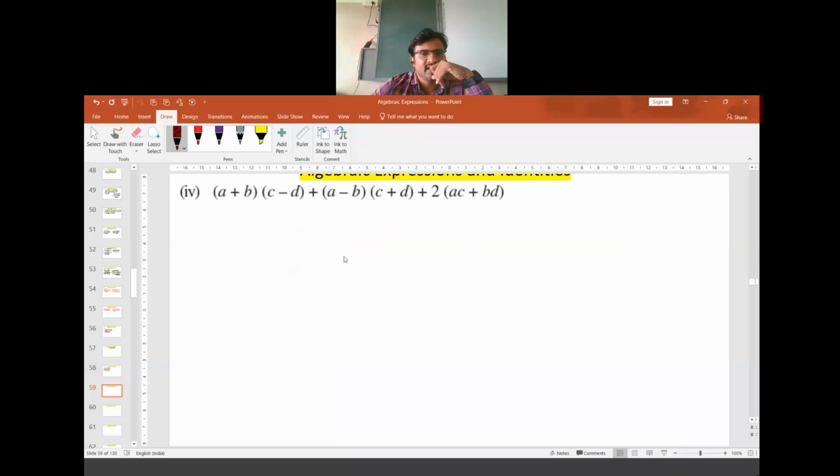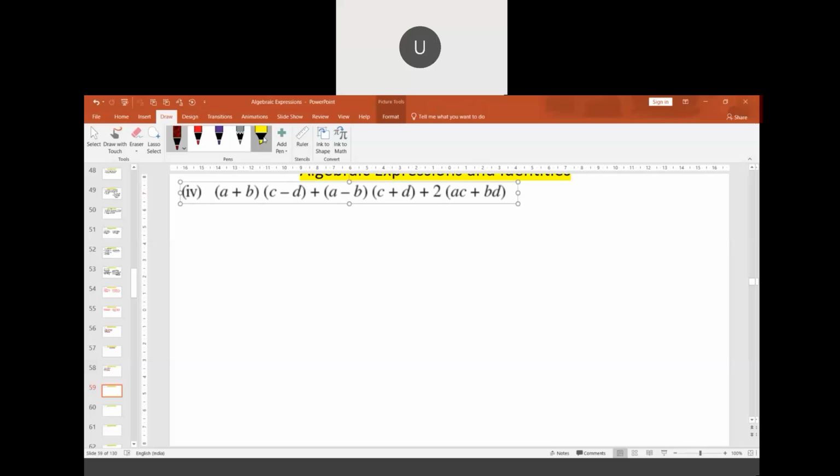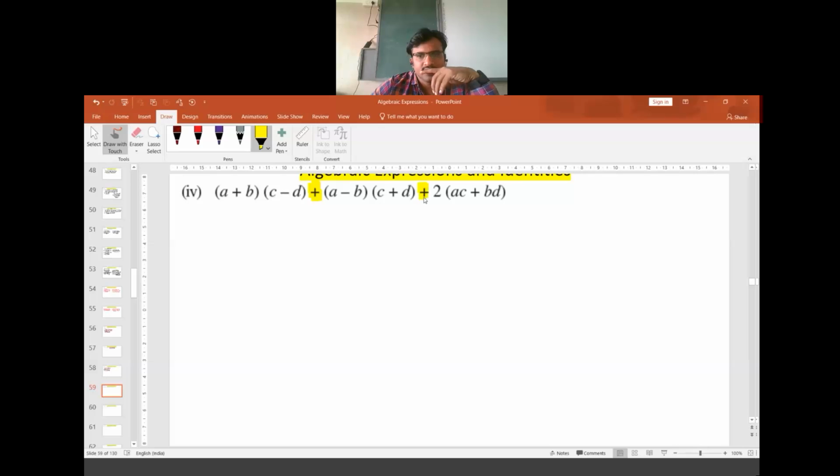Hope this is the last question for today's session. First we can multiply all these terms and then we can add these terms. What I prefer is this plus sign I will keep as it is, and the inside ones I will solve.